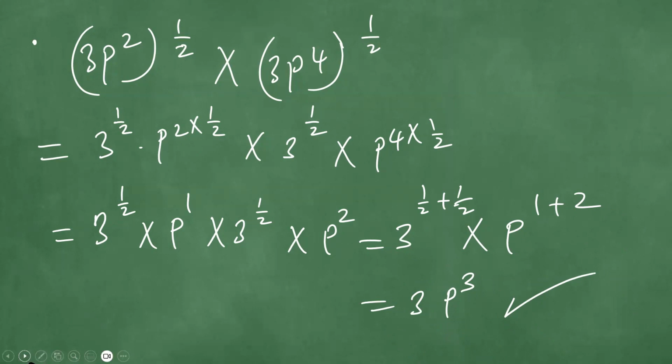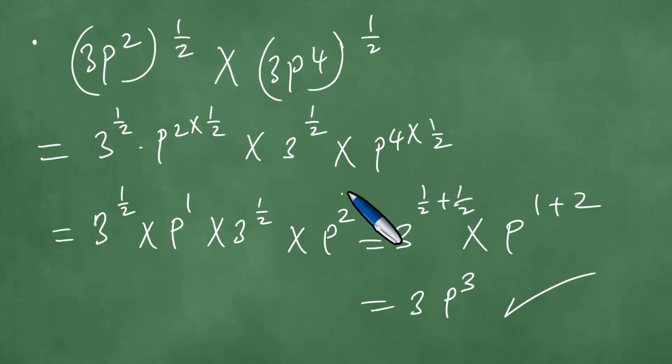Can you please explain again? Okay, because now you have the power here, so you can raise every number to the power. So it's 3 to the power 1/2. Then you have p to the power 4 to the power 1/2. You open the brackets by raising each of the numbers inside to the same power.